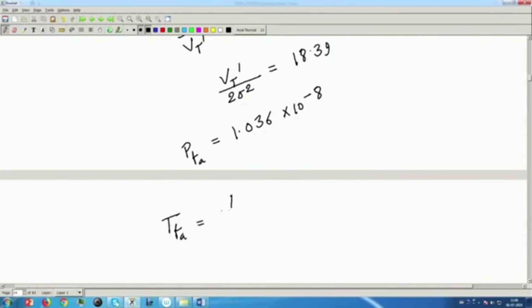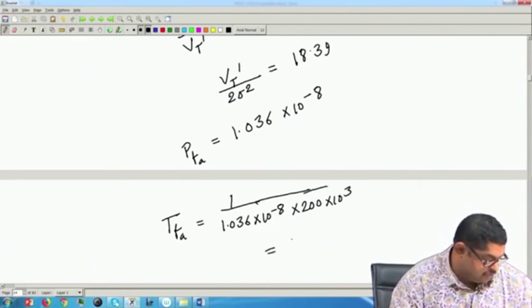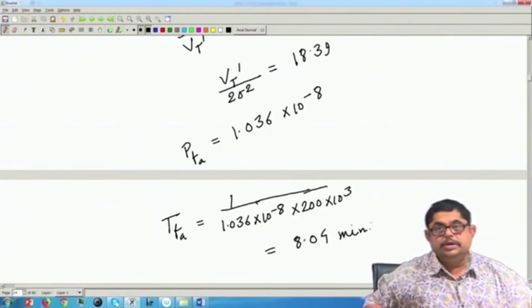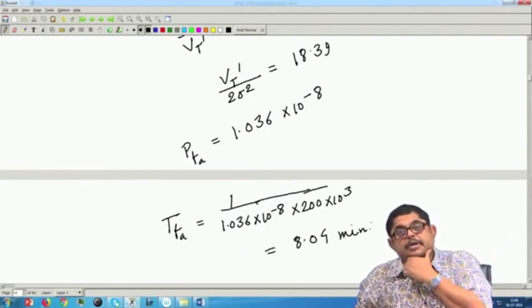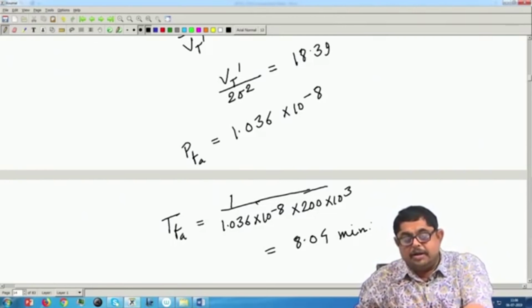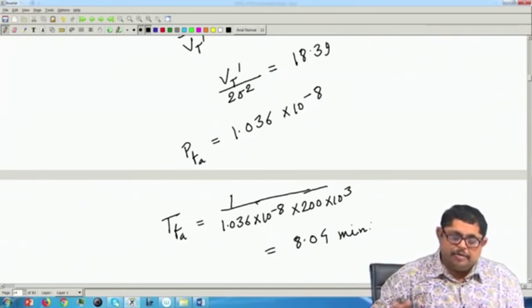TFA will be 1 by 1.036 into 10 to the power minus 8 into bandwidth, which is the same 200 kilohertz. So, that will give you 8.04 minutes. So, you see that instead of 30 minutes, if by error or something I have put the threshold just 0.3 dB lower, the false alarm time drastically gets reduced to 8 minutes.